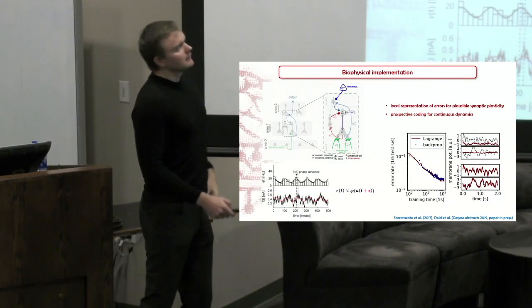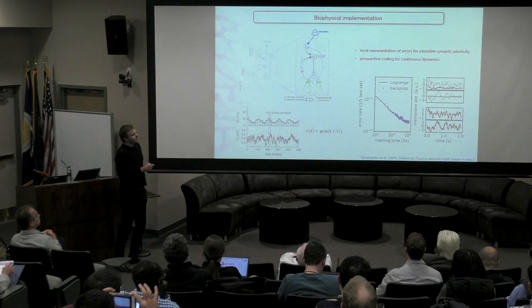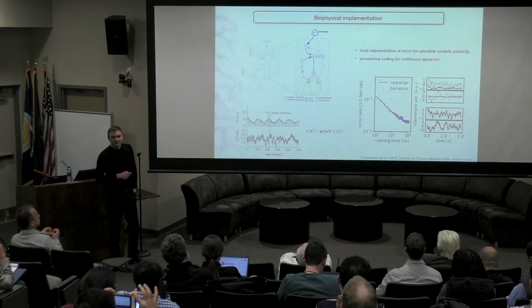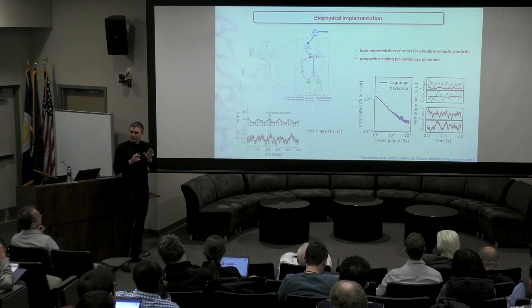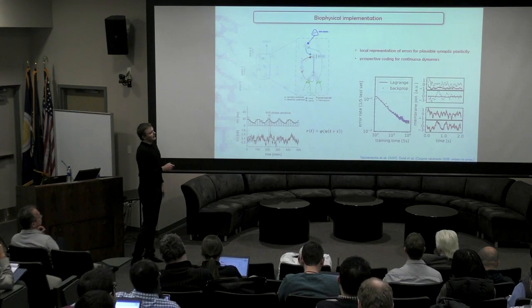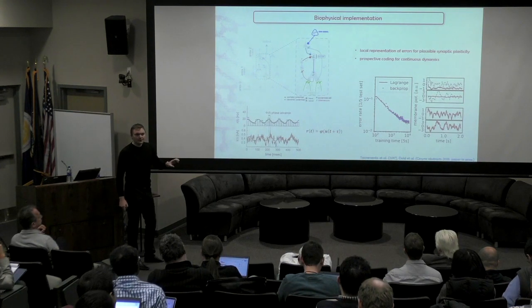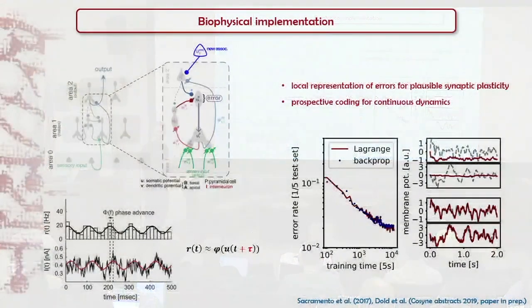Without going into detail, this is just to show you that the calculation of errors, the weird error term that I mentioned before, can be performed by a microcircuit that only requires local computations. This is one thing. And the second important ingredient here that I only mentioned briefly is the fact that the firing rate of neurons depends also on the derivative of their membrane potential.